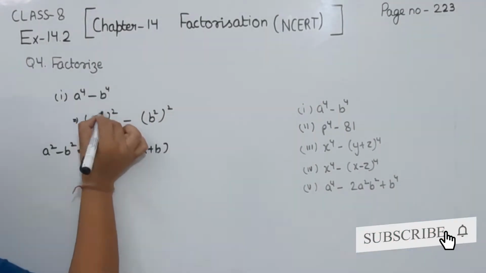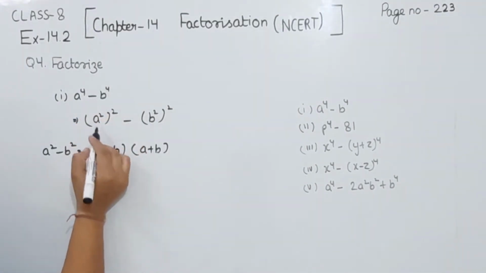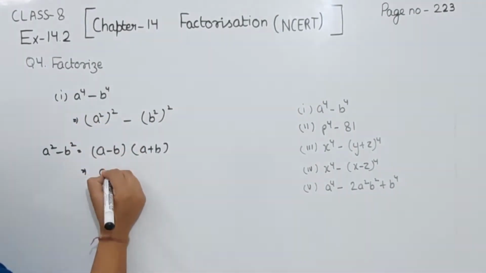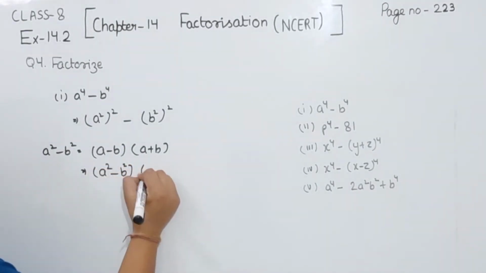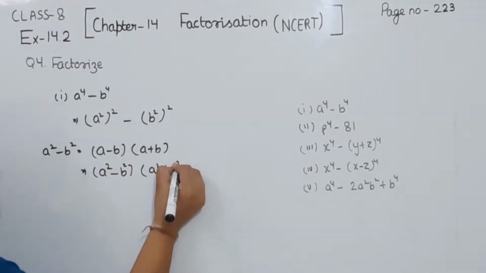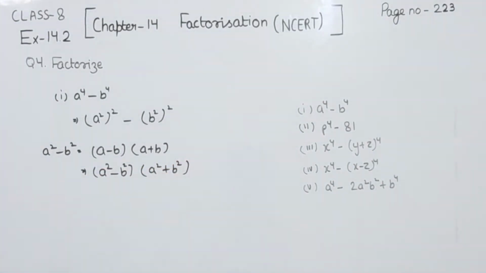So I write a square minus b square, and this whole is termed as a, so I write a minus b and a plus b.